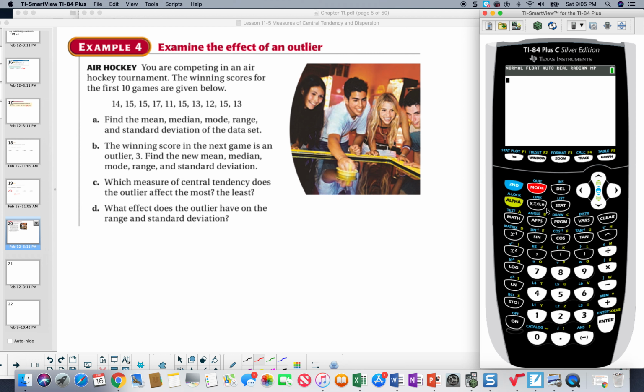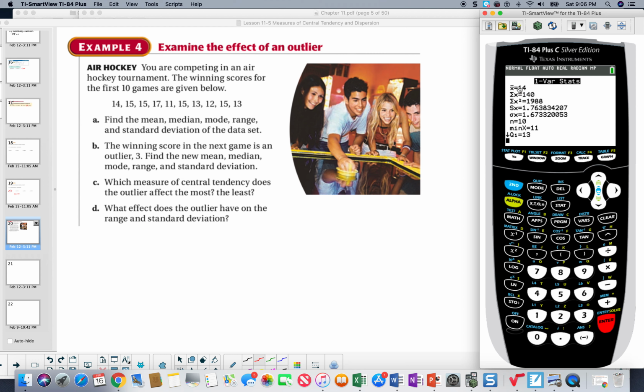I'm going to run my one variable stat here, but this time I want it on list 3, so I'm going to have to press second here, so it changes it to list 3, and then I'm going to calculate it. Okay, and then I'm going to have my mean, and then I also have my median, mode, and range.